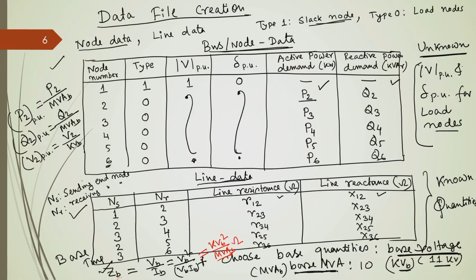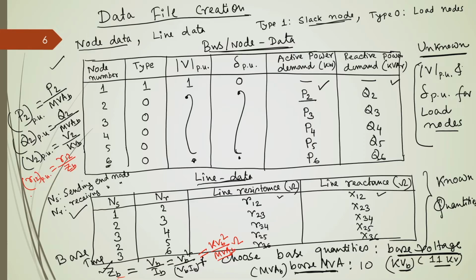So, once we get this base impedance, what we can do? We convert all the line resistances into per unit by normalizing with this base impedance, and also line reactances as well. So, R12 per unit will be the actual value of R12 in ohm divided by Z base.